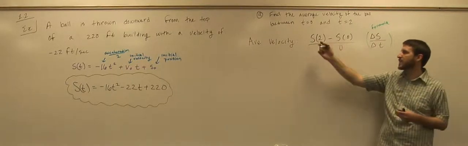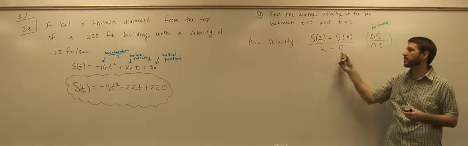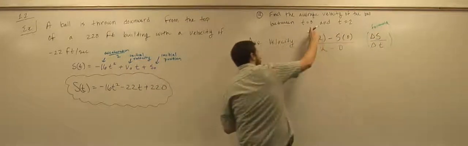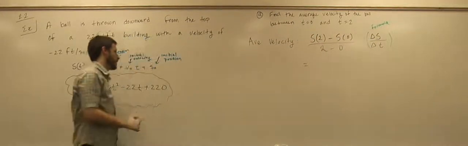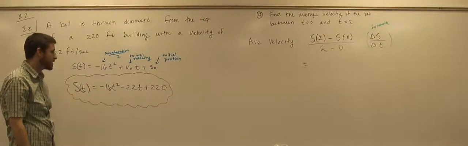In this particular case, that amounts to finding the position at 2 seconds, subtracting the position at 0 seconds over 2 minus 0. So how do I actually calculate S of 2? You gotta plug it in. S of 2 means to plug 2 into this formula.